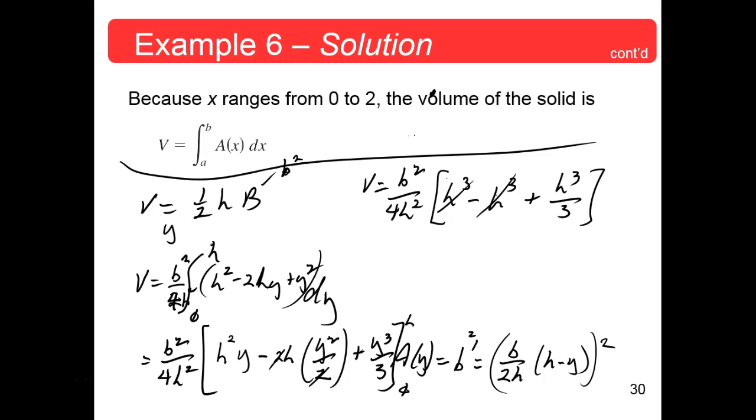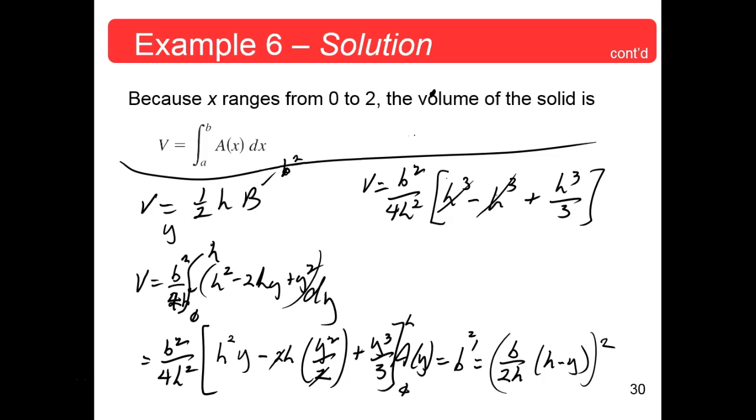And I'm not getting the same thing they did. Yuck. Yeah, there had to be an easier way to do this. Okay. They set up the ratio, which I've almost erased now, of b prime to b as h minus y is to h.